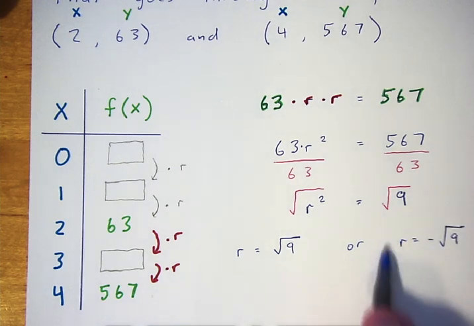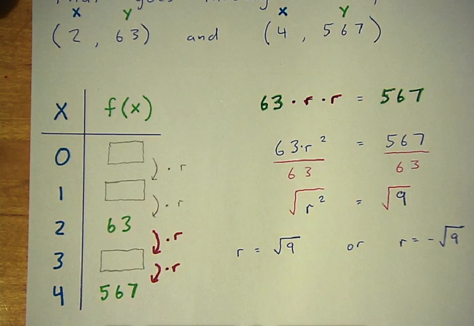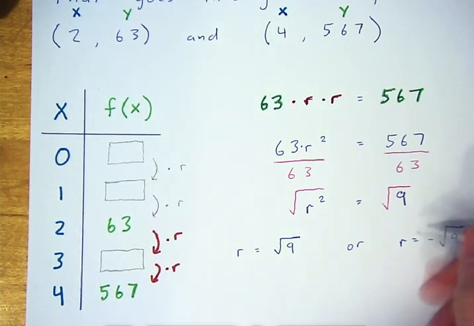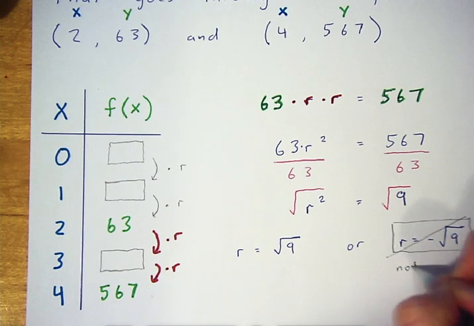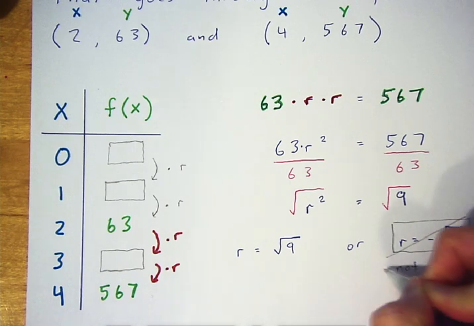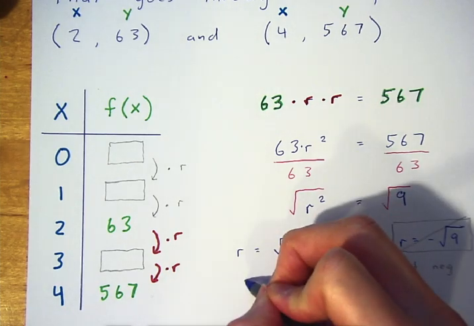Your r value is not going to be the negative one, because it wouldn't be exponential if your r was negative. So this is your r. Your r is equal to the square root of 9, which is r equals 3.